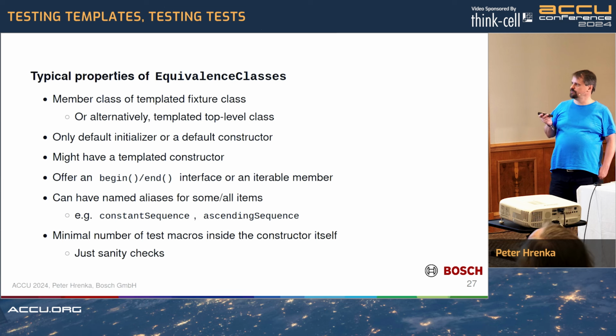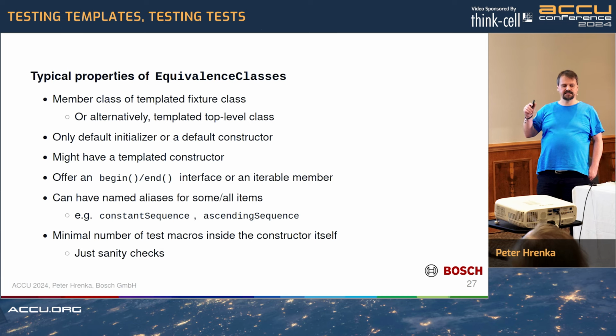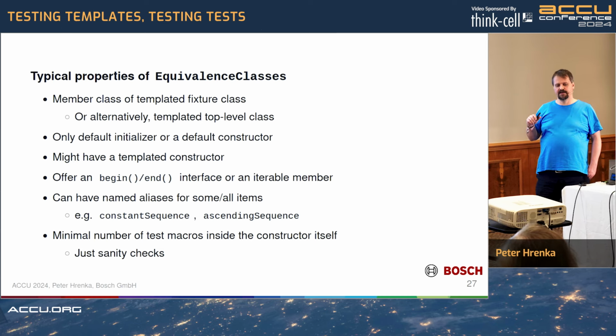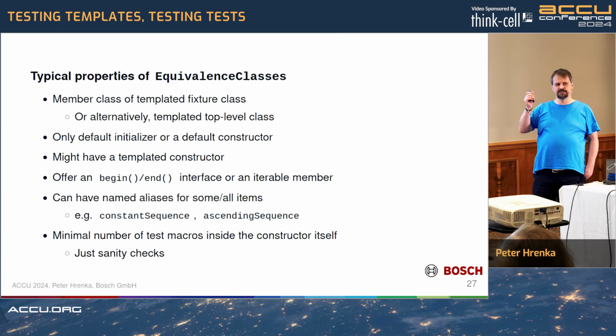You can also do some minimal checks in the constructor, just to make sure that you didn't end up with the wrong construction. But really, the task of the equivalence classes is to set the stage and make it ready for the tests that can go over them in a structured way.